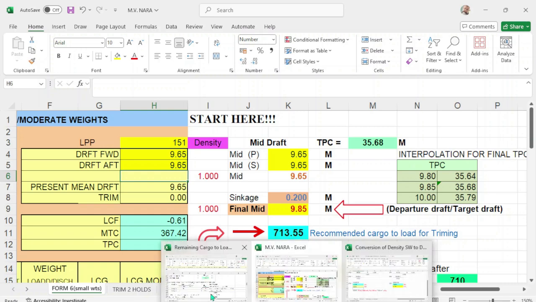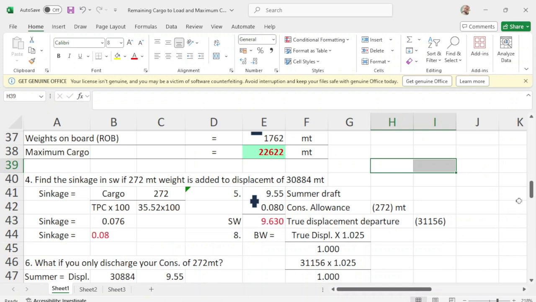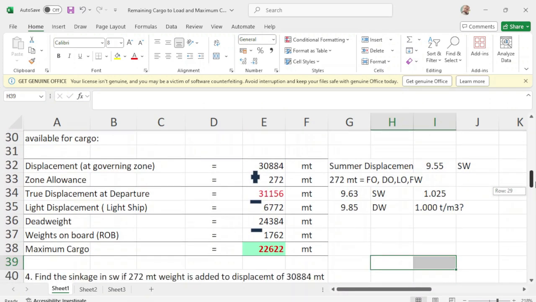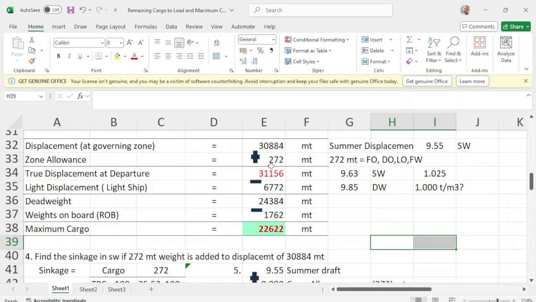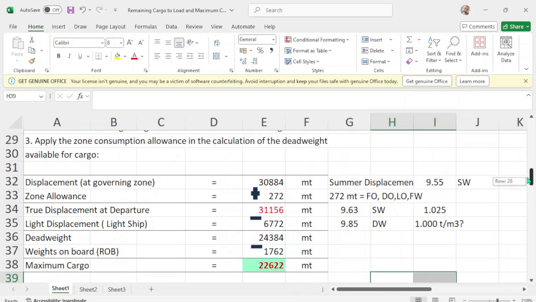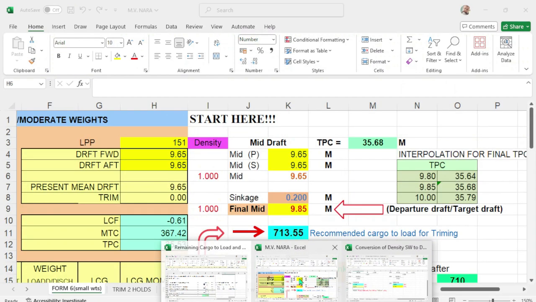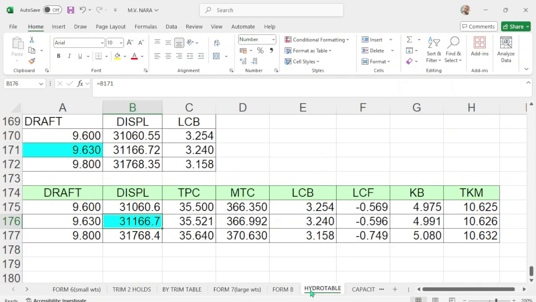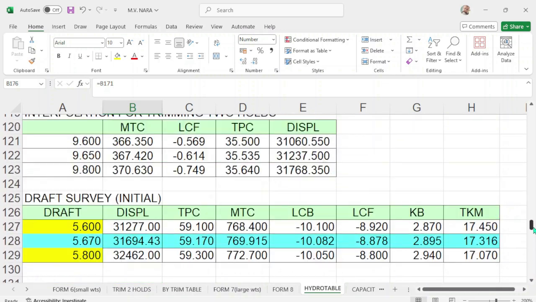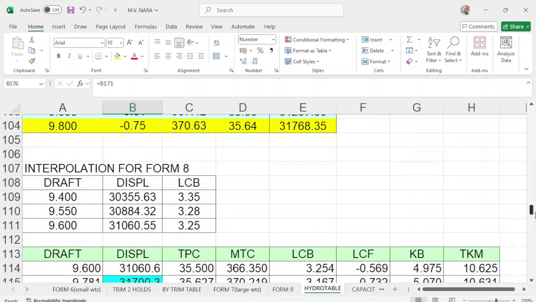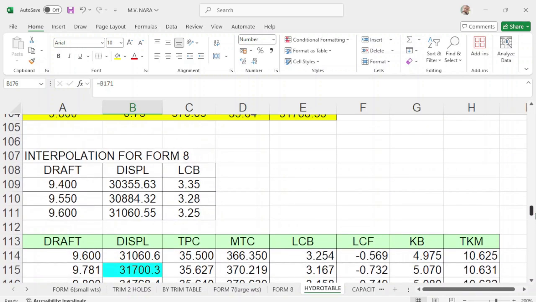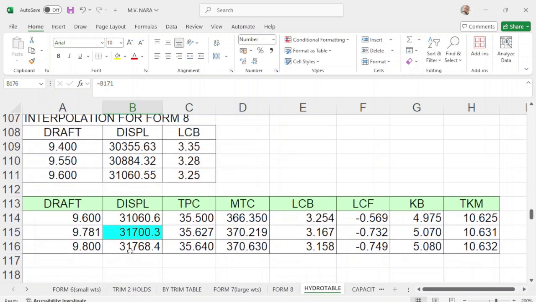What I have here is 9.55, because this is your salt water. So what is the TPC of 9.55?